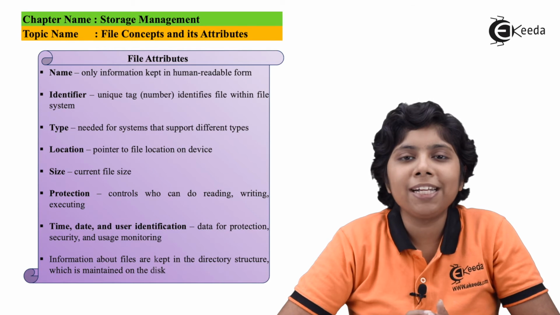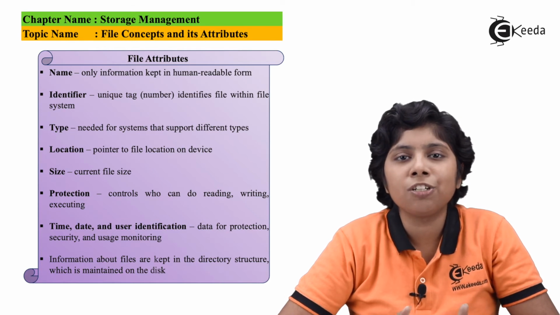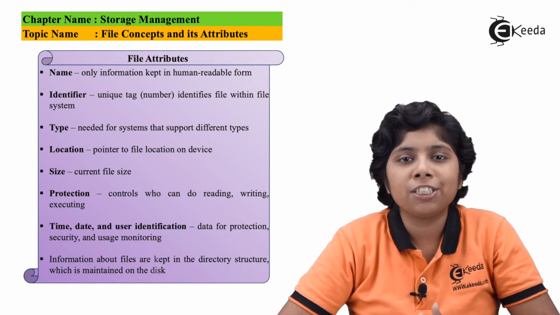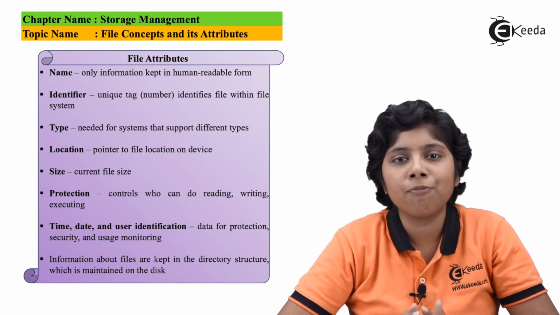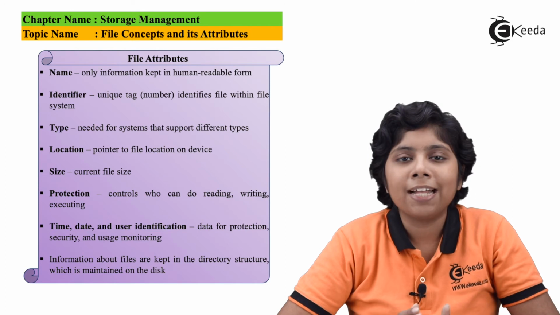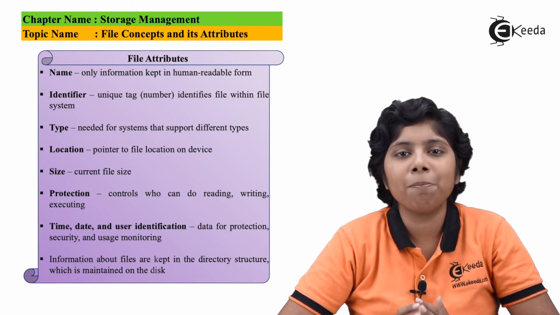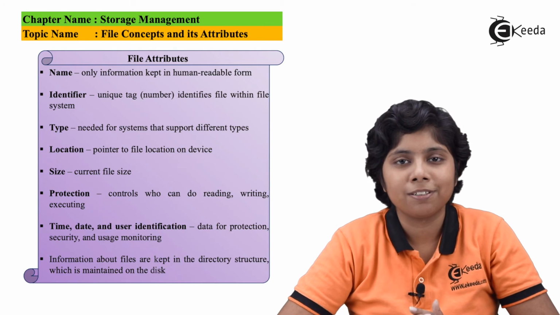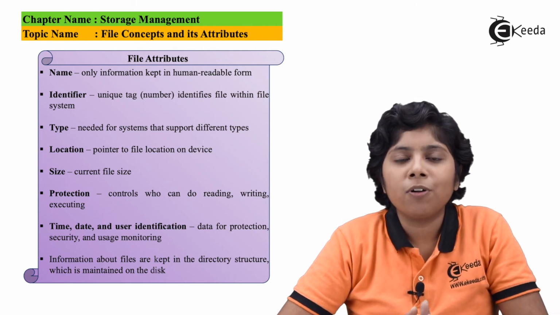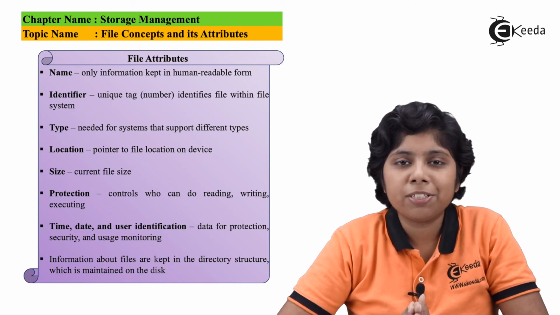Some operating systems use an extension of these file attributes, such as encoding the file and security features like the file checksum. The information about all the files is kept in a directory structure.